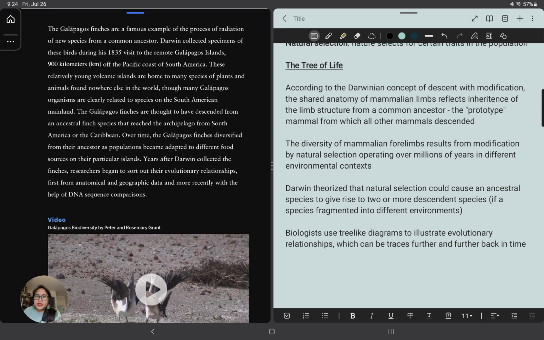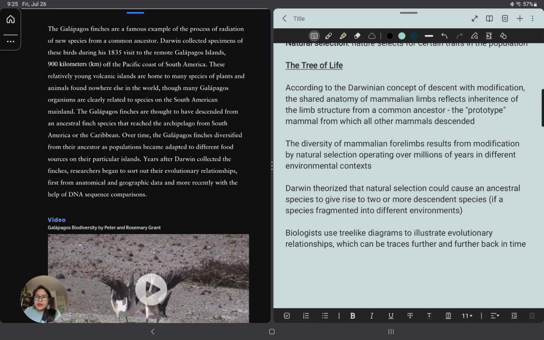Darwin collected specimens of these birds during his 1835 visit to the remote Galapagos Islands, 900 kilometers off the Pacific coast of South America. These relatively young volcanic islands are home to many species of plants and animals found nowhere else in the world, though many Galapagos organisms are clearly related to the species on the South American mainland.